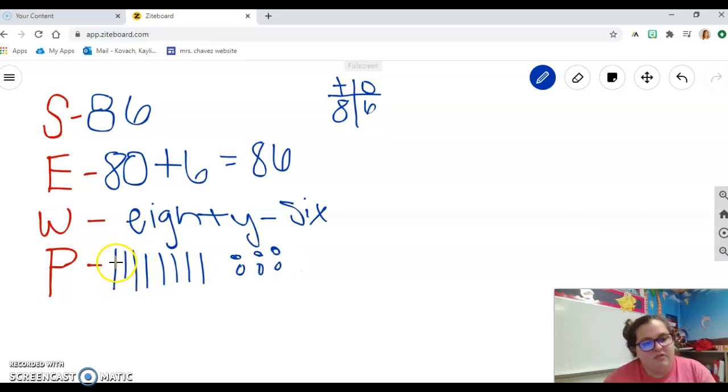Now let's count them again to just make sure. We have 8 tens, which equals 80, 81, 82, 83, 84, 85, 86. So we have 86.